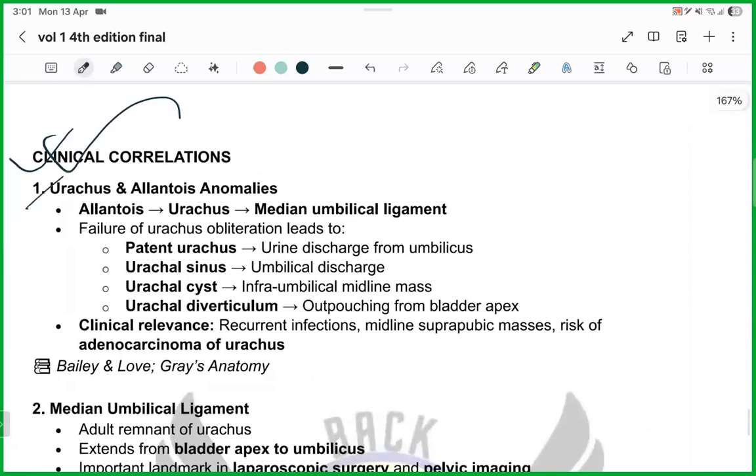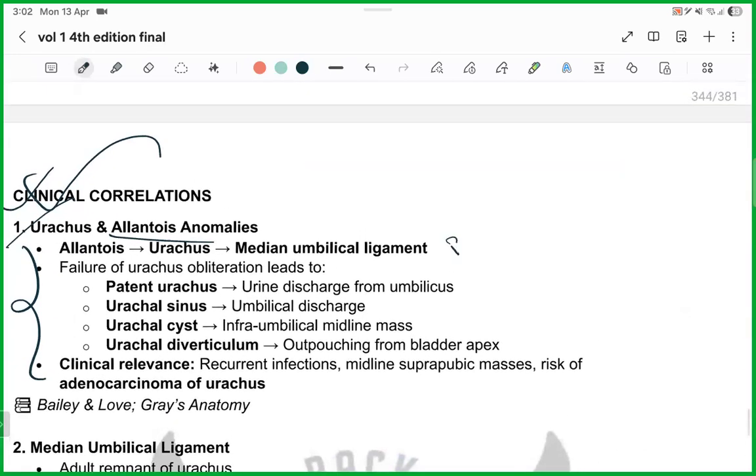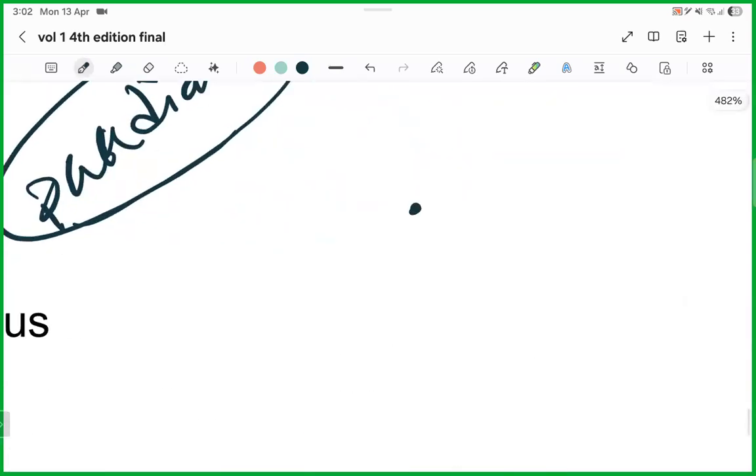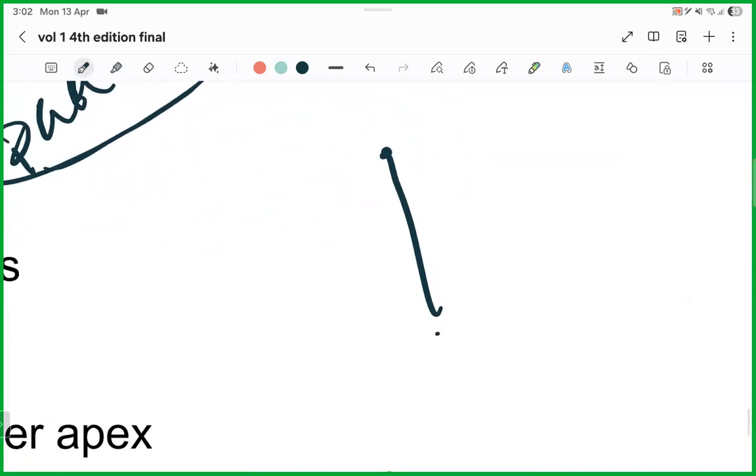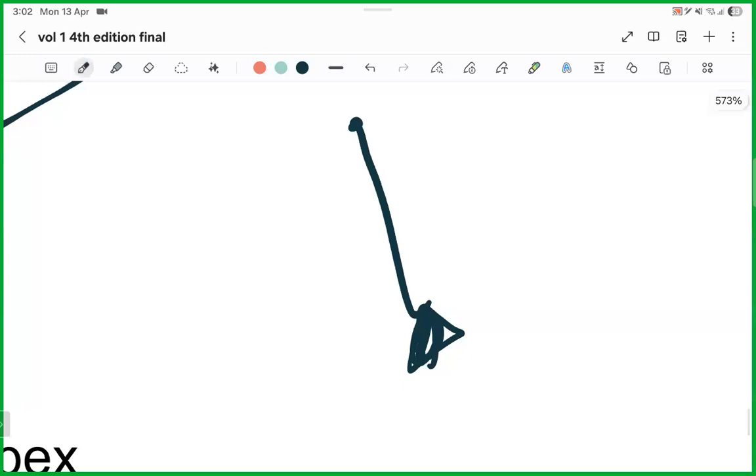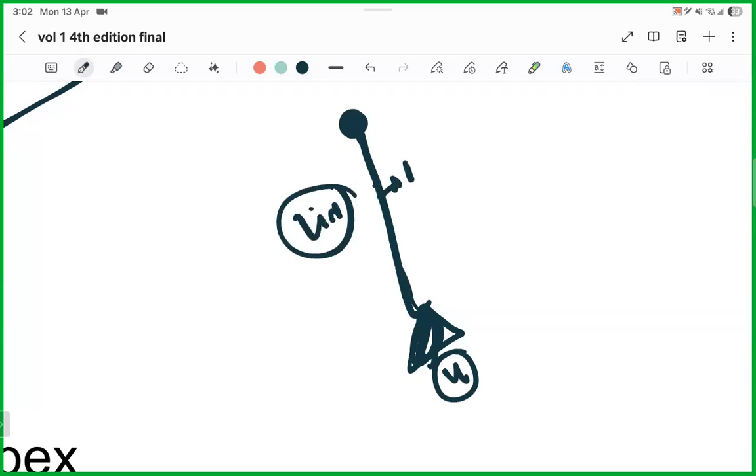All these things like urachus and allantois abnormality, we have in pediatric surgery. What did I tell you? From the umbilicus there is a line up to the bladder. When we were a fetus, urine used to come out through the umbilicus along this line, and this line is called the median umbilical ligament.